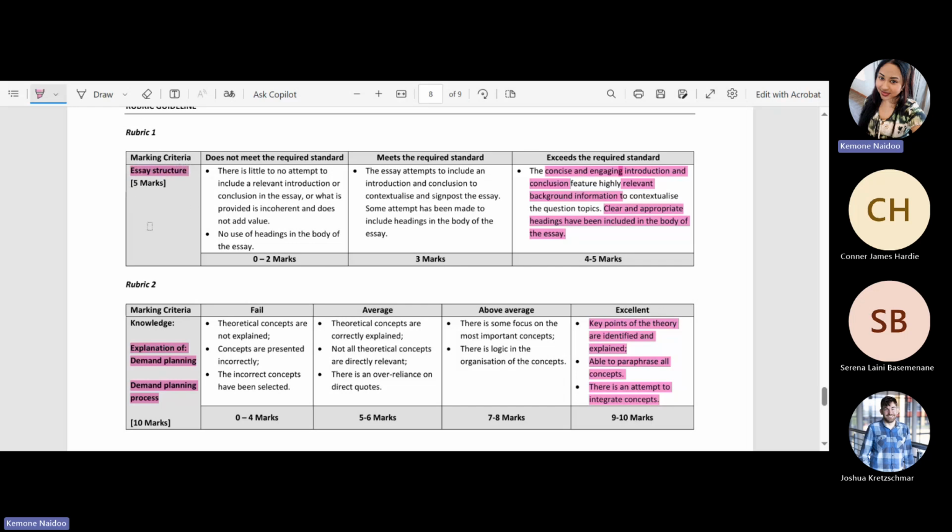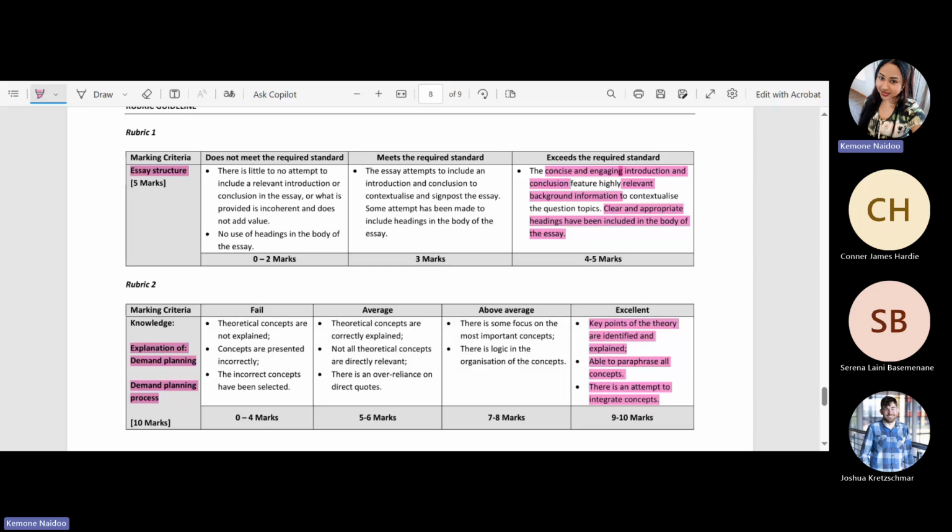Your essay structure is basically the overall of your essay. So is it clear? Is it concise? Is there relevant information involved in it? Are there headings? And this is why I'm saying to you, when you have your titles and your headings, make them bold, underline them so that we can see that it is a heading. We can see it quite evidently.